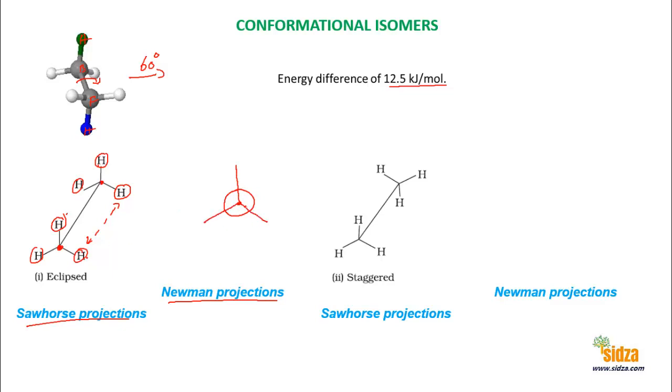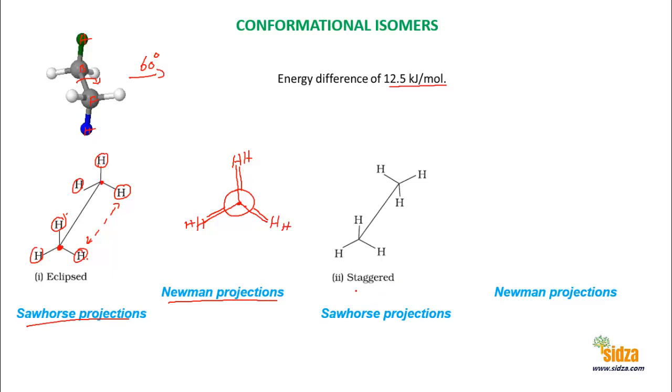There are three hydrogens, 1, 2 and 3. The hydrogens attached to the back carbon are again in the eclipsed state, so they will be almost under the eclipse here, like this. So you may not be able to see the back carbon atoms, because they are under the eclipse.